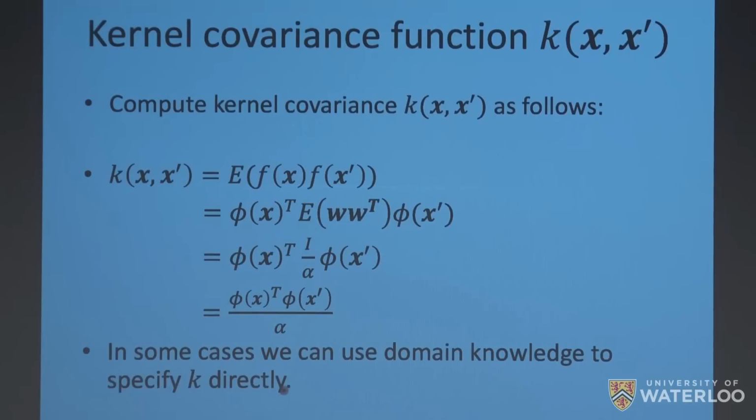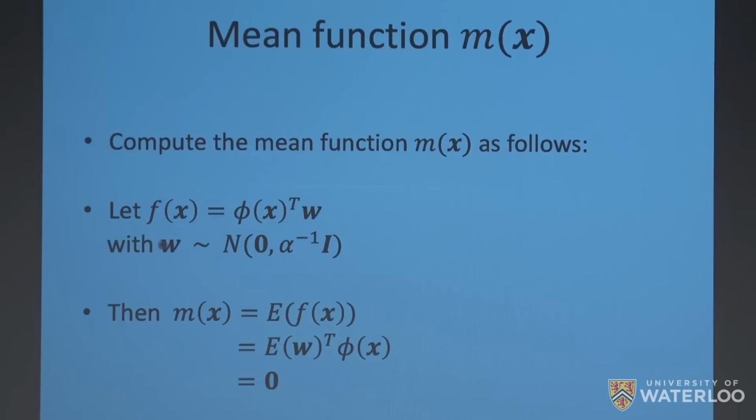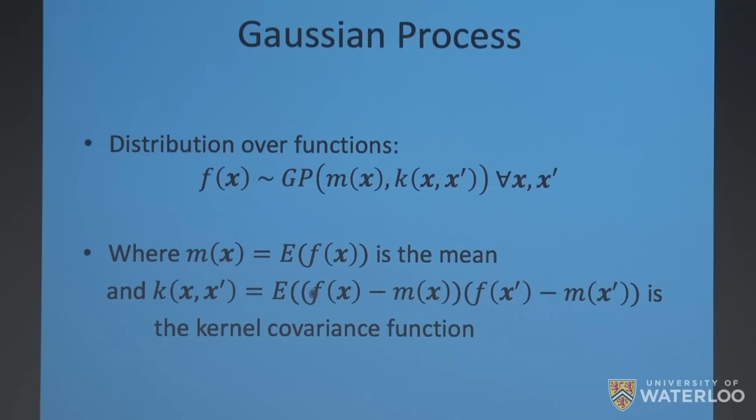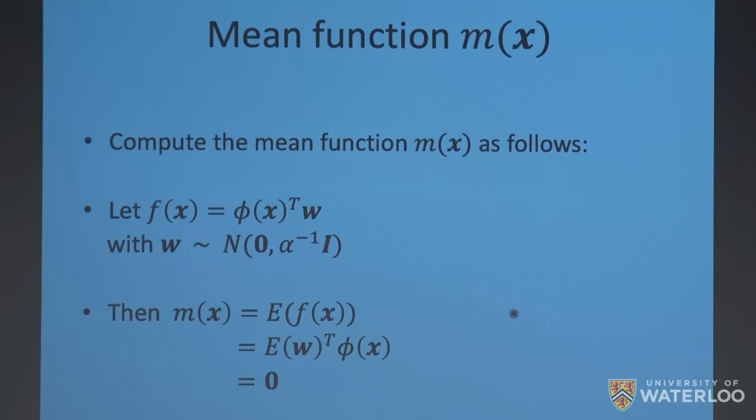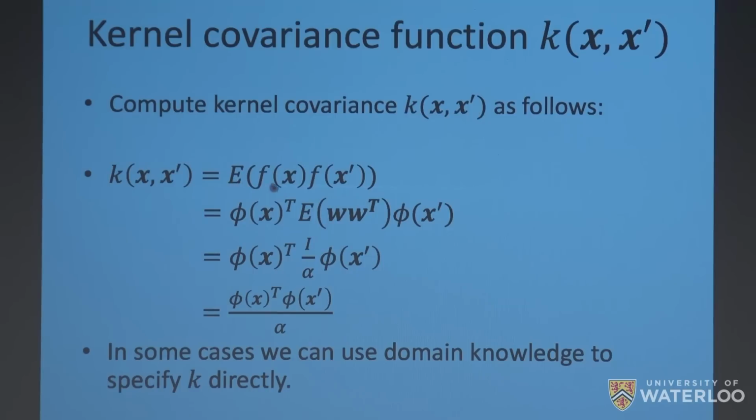I can do the same computation for the covariance function. So here, the covariance function by definition is the expectation of f minus m times f minus m. But since m, the mean function, is 0, I can drop this, and now we're left with the expectation of f times f. So that's what I've got on this slide here. If I expand this by replacing f by phi transpose w, then I get this expression.